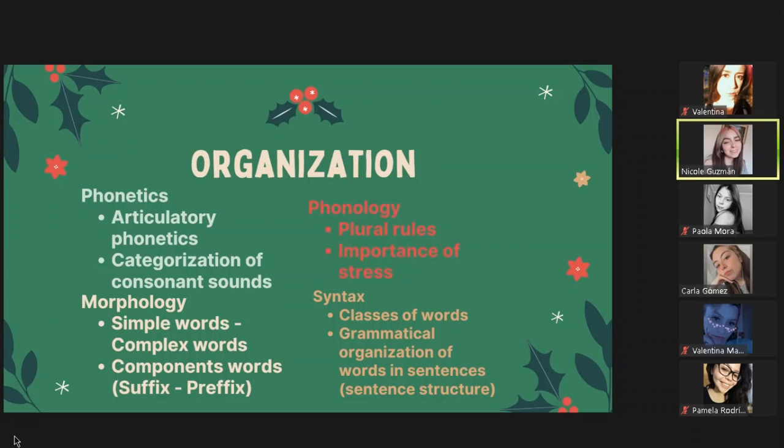The first one is in phonetics, that is articulatory phonetics and categorization of consonant sounds. In phonology, the plural rules and importance of stress. In morphology, the simple words and complex words, as well as components of words such as suffix and prefix. And the last one, in syntax, are the classes of words and grammatical organization of words in sentences, the sentence structure.